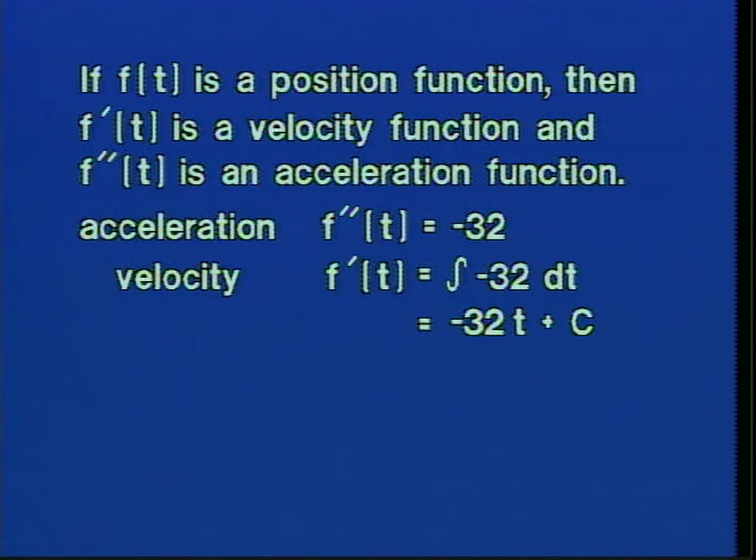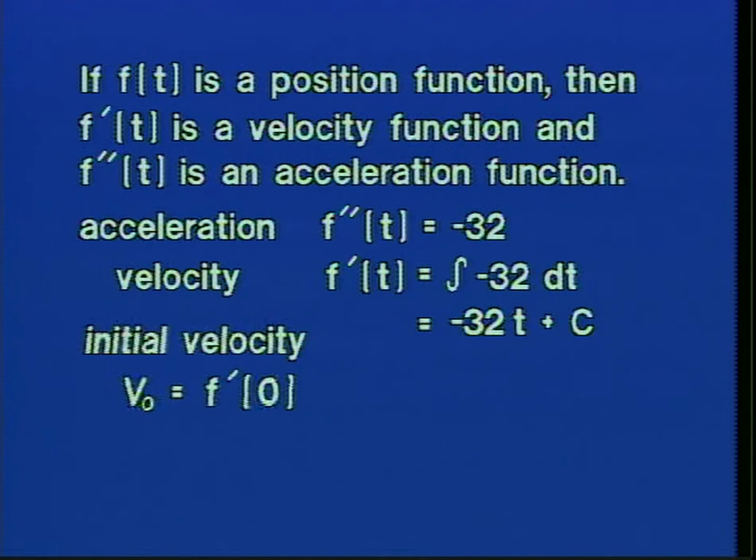Now, we need to make a replacement for C. We need to find a value of C if we can, and part of the problem gives us a hint as to what we need to do. The initial velocity is given to us as v0. Now, initial velocity means the velocity when no time has elapsed, at the very beginning of what's happening here.